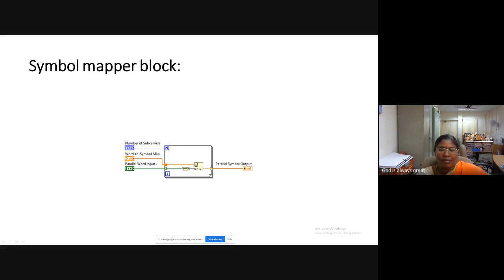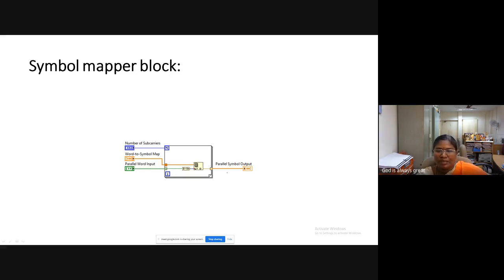The output of the word to symbol mapper is taken up here, and these are your parallel word inputs. So what this will do is take up a word and give a symbol as an output, the word to symbol output.